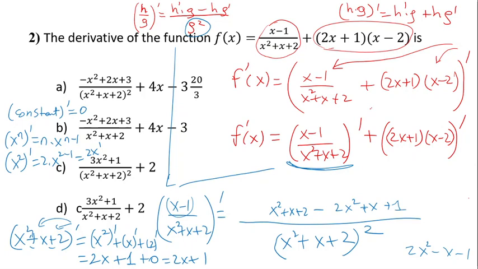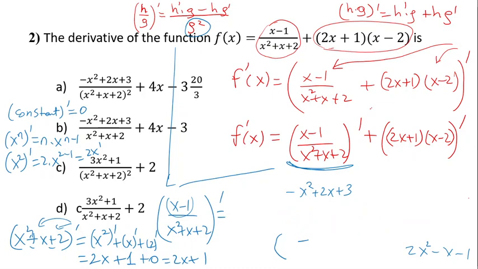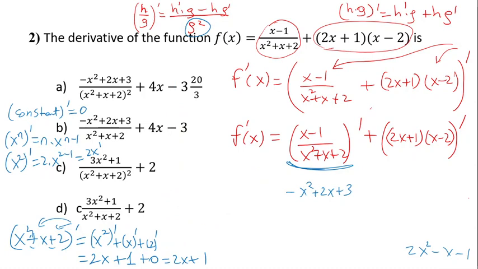So it will be minus x squared, and x and x will be plus 2x, and 2 plus 1 will be 3. So now I can write this part as over x squared plus x plus 2 squared.